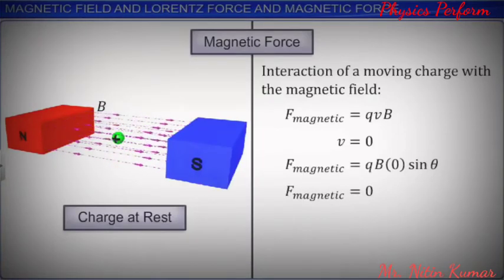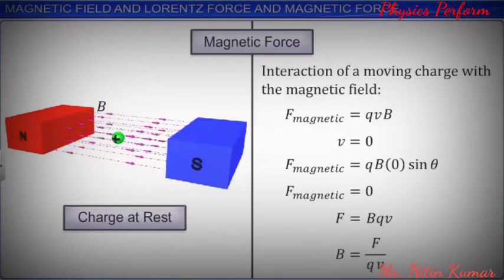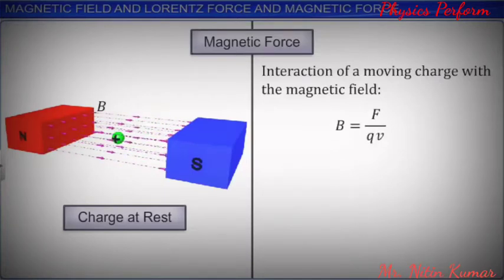When the charge in the magnetic field experiences maximum force, the force is expressed as magnetic force equals BQV, which can be written as B equals F by QV. The magnetic field strength, B, can be defined as force per unit charge when the charge is moving perpendicular to the magnetic field with the velocity of 1 meter per second.